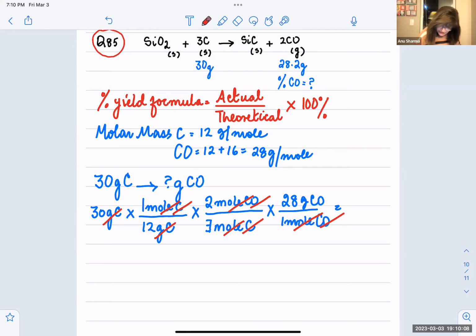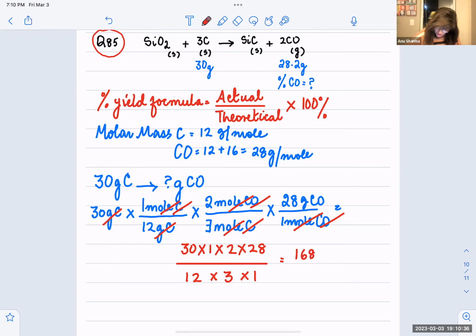So what do you get here? You have 30 times 1 times 2 times 28, divided by 12 times 3 times 1. 30 times 2 times 28 is equal to 1680.